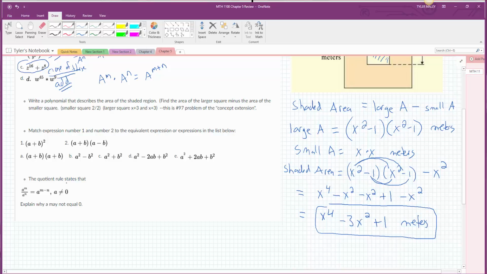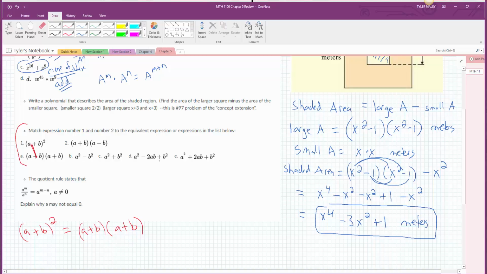So I would do this one in red, right? So we have a plus b squared, right? So this is the same thing as a plus b times a plus b, right? My base is a plus b, and I have an exponent of 2. So I have two factors of a plus b. So 1 and A go together, right? So those two match, right?